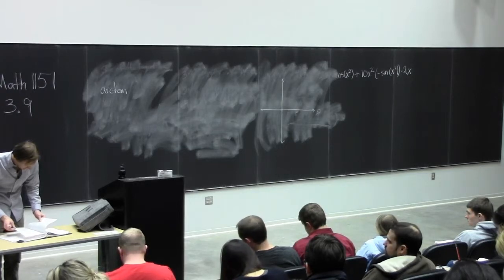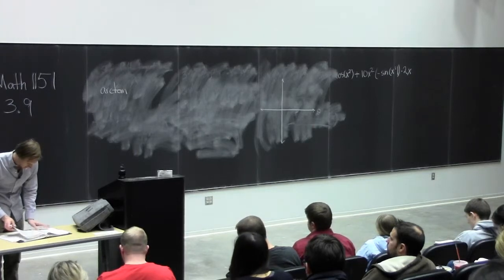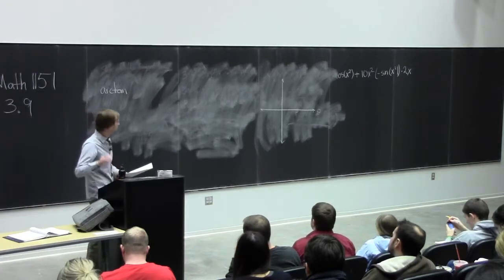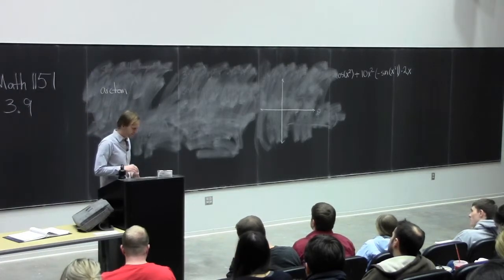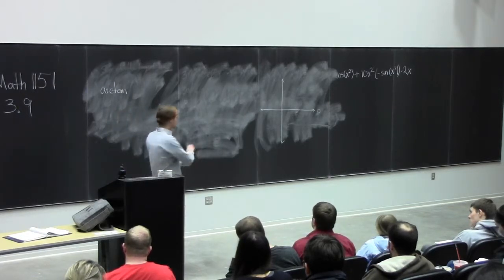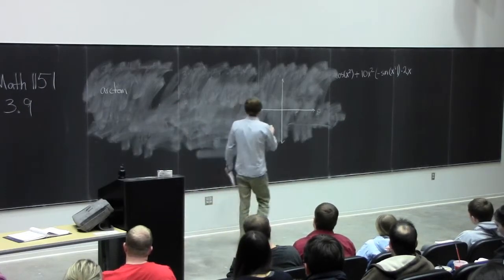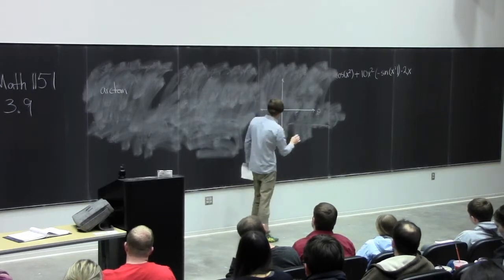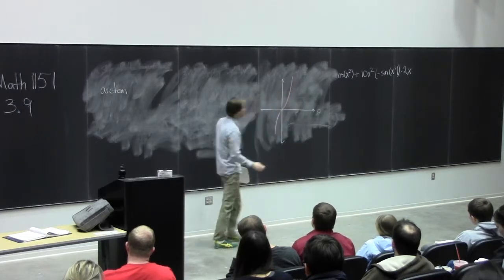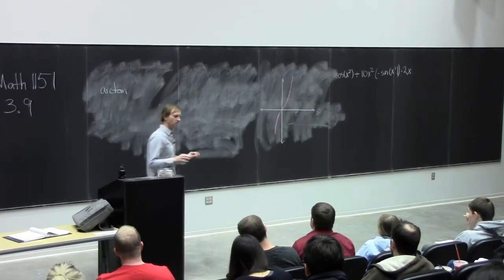Great. Let's see. I want to make sure I don't screw this up. So what does tangent of theta look like? Well, tangent is sine over cosine, right? I think it looks like this. If I screw it up, we'll figure it out.